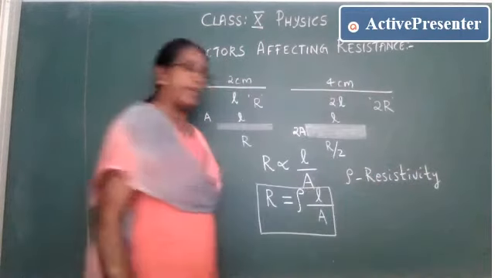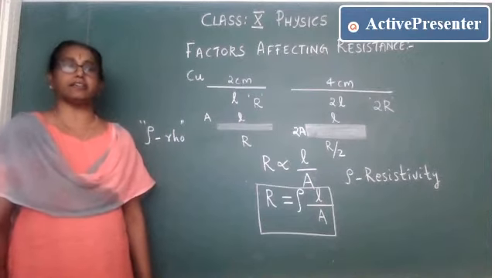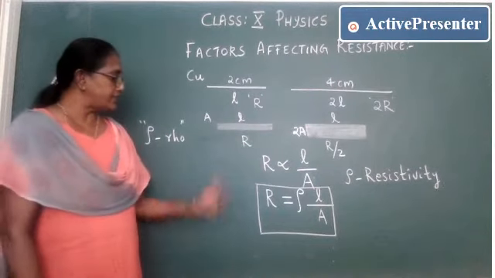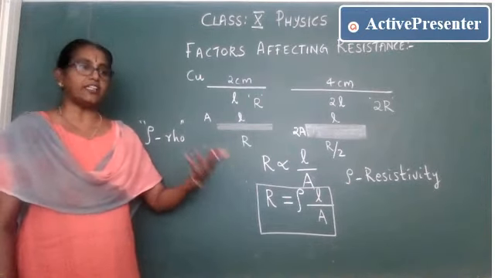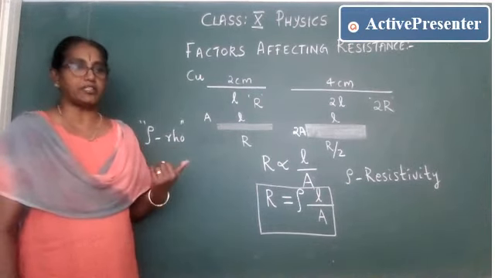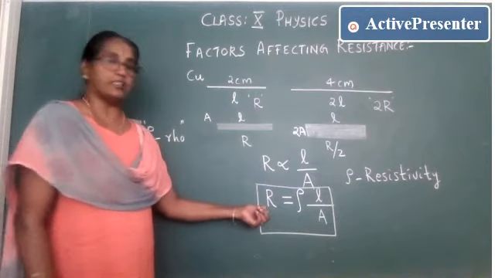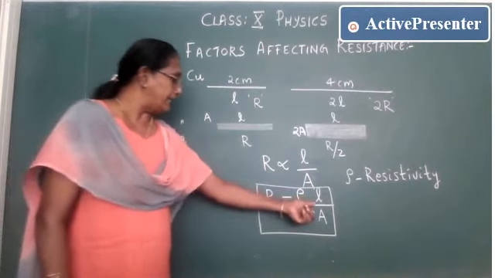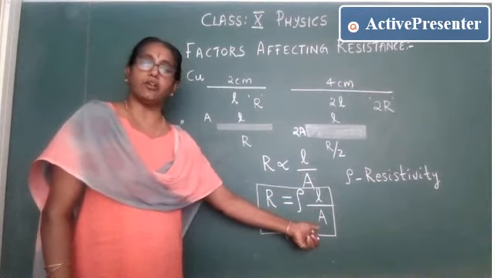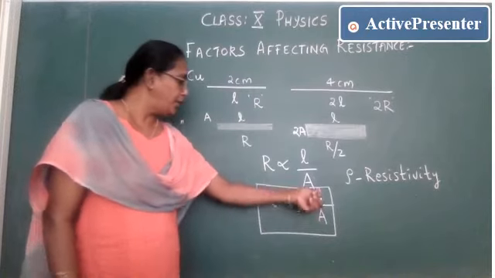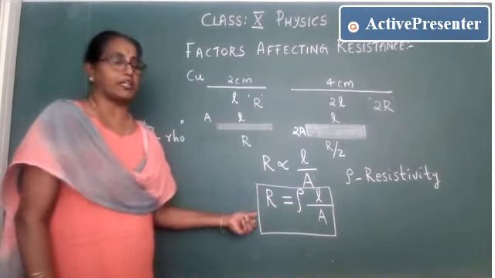Now we have to see the difference between resistance and resistivity. Resistance is the property of a material by virtue of which it opposes the flow of the current through it. Resistivity is equal to resistance when the length of the material is unity and the area of cross section is also unity. For unit dimensions, the resistivity will be equal to resistance.